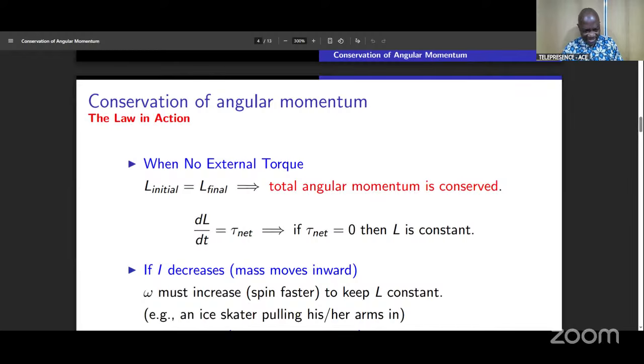That is, tau net is dL/dt, where L is the total angular momentum of the given system. So, of course, if there is no tau net, that is, if there is no net torque acting on your system, then dL/dt will be zero.